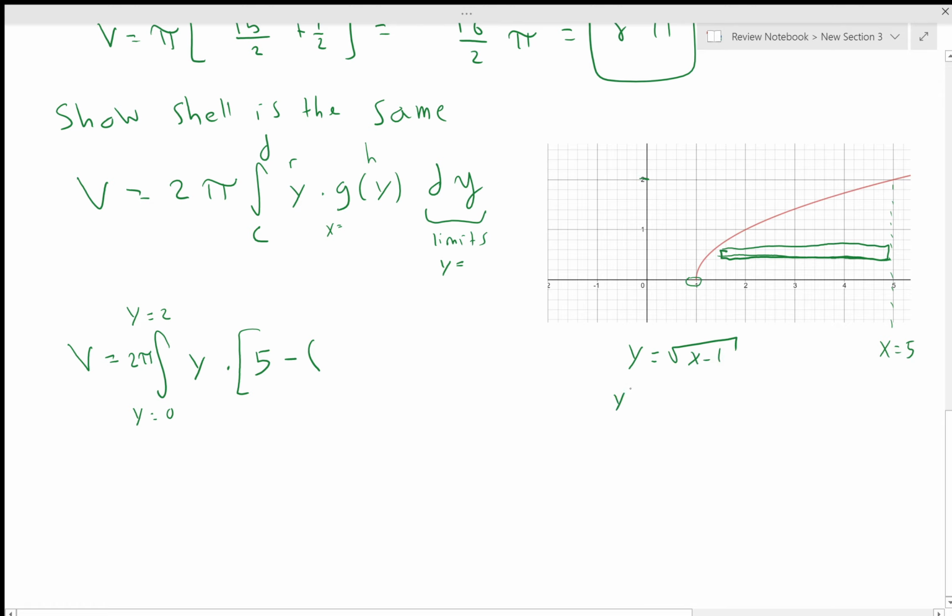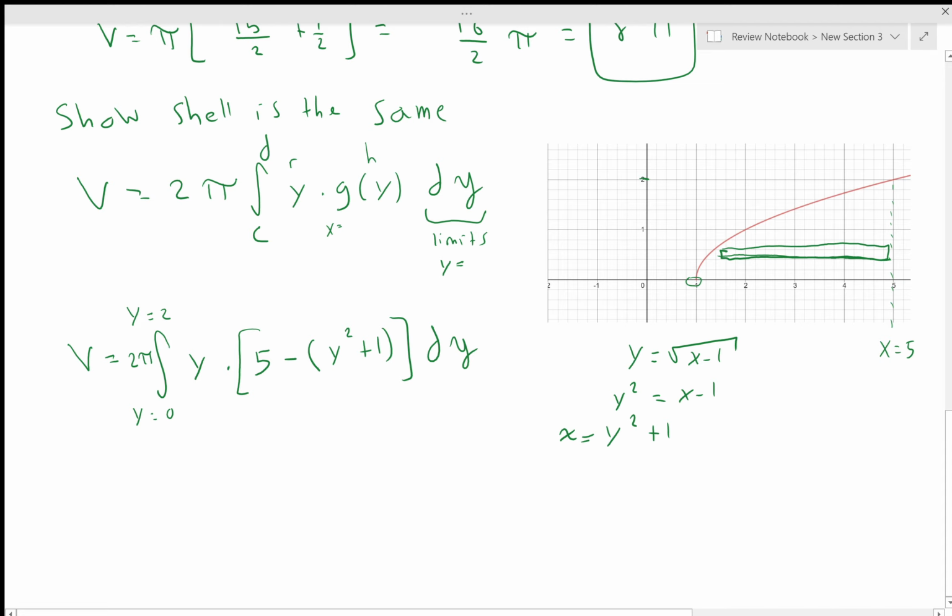Just quickly do that. y squared equals x minus 1. y squared plus 1 would be equal to x. So this is my two different equations. My 5 minus my y squared plus 1 dy.